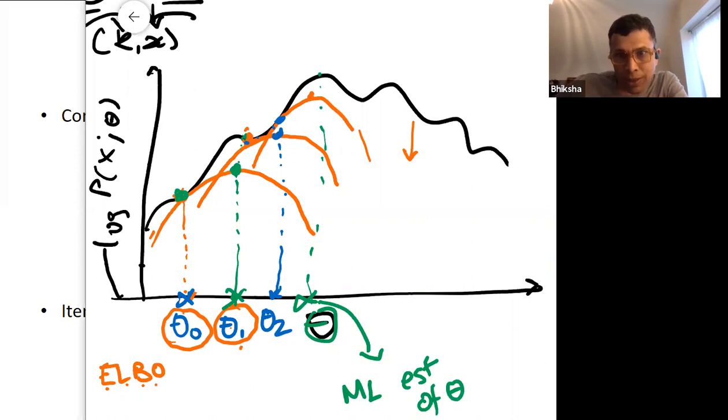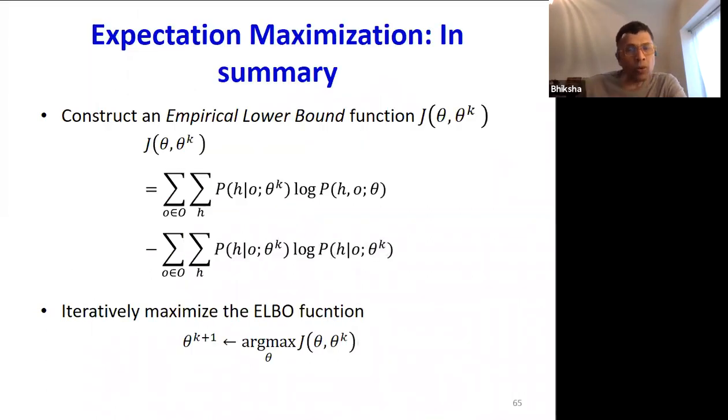And so as I keep going through these iterations, the overall log likelihood of my data keeps increasing.